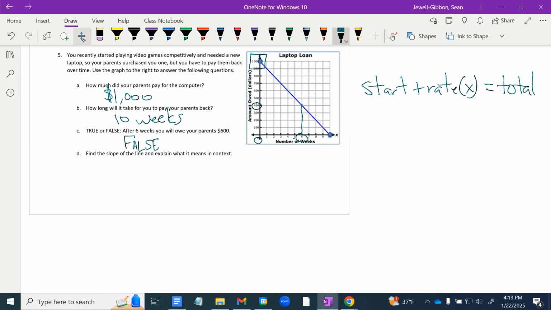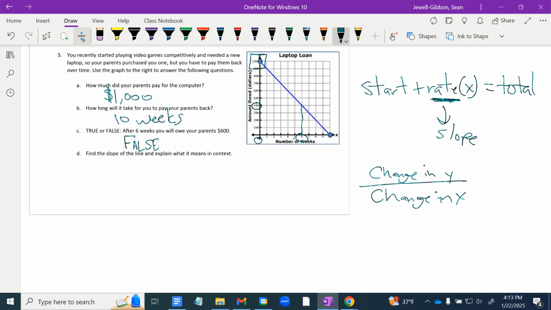Last one for today: find the slope of the line and explain what it means in context. So finally, we are getting to our rate, or our slope. The trick here is we are going to find the change in y, the change in the vertical variable, and divide by the change in x.